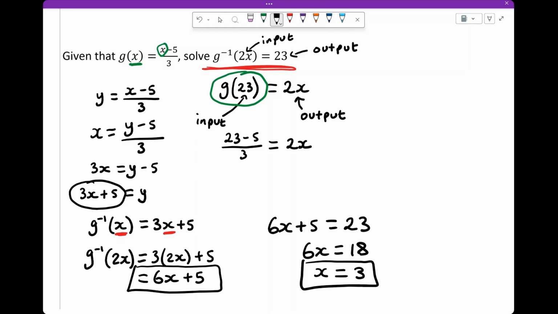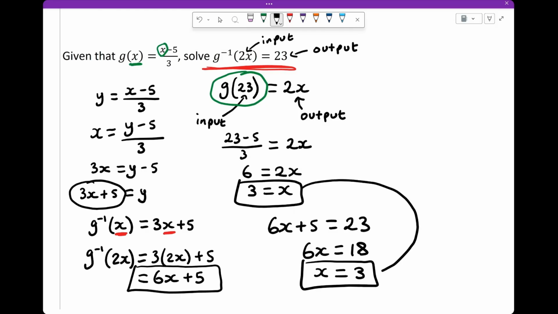And now I have a fairly straightforward equation that I can solve for x. 23 subtract 5 is 18. 18 divided by 3 is 6. So we get left with 6 is equal to 2x. And then we just have to divide by 2 on both sides, and we get that x is equal to 3, which is the same answer that I got with the other method down here. But as you can see, we got my answer a lot quicker.